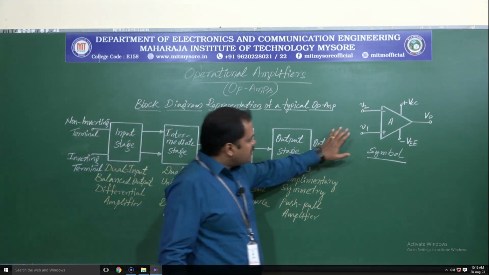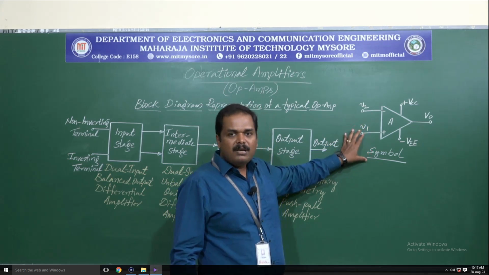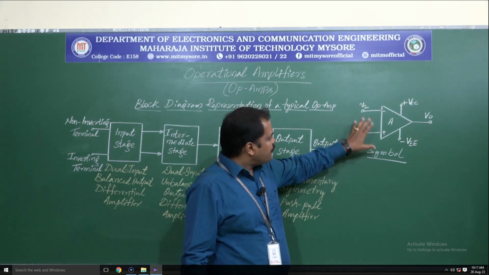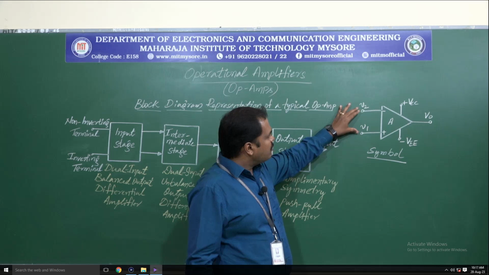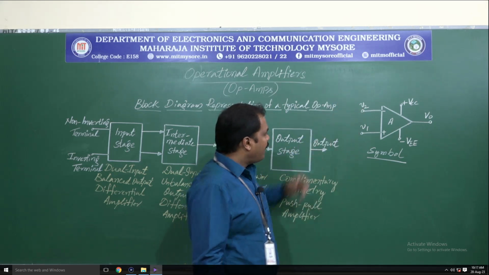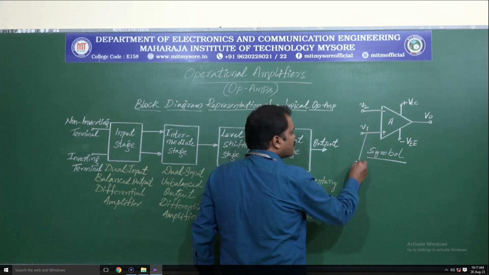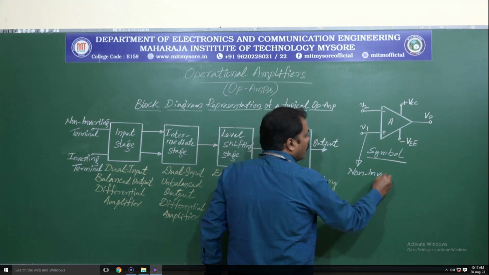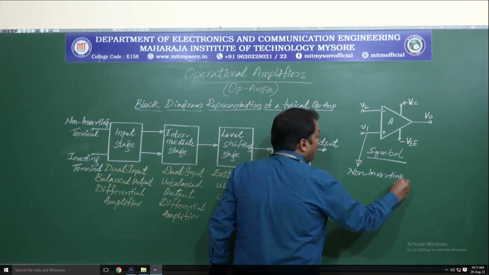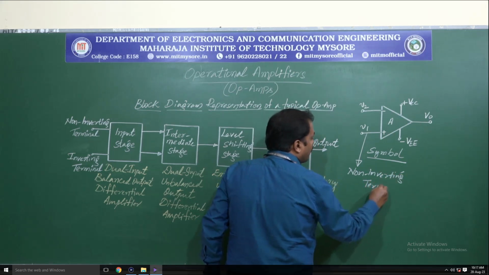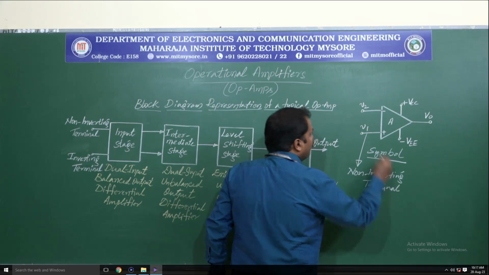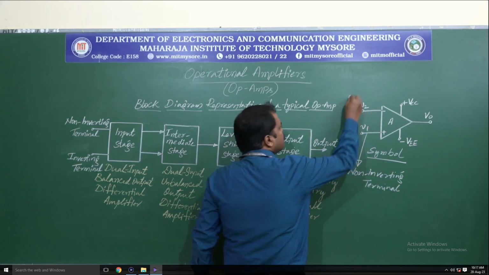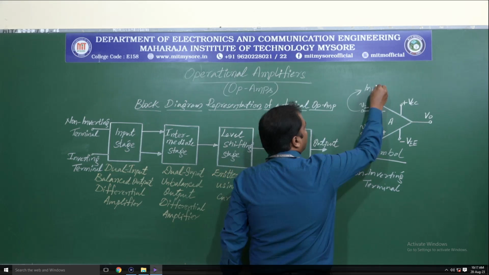Now this figure shows us the symbol of an op-amp. We have two input terminals, V1 and V2, where V1 is called the non-inverting terminal, and V2 is called the inverting terminal.